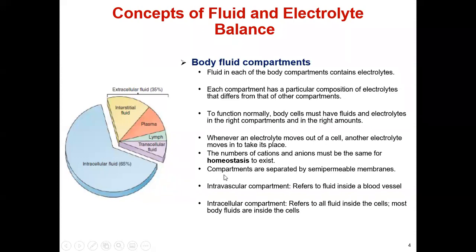Homeostasis does not mean only cation or anion; it is also applicable for blood loss or fluid loss. Because homeostasis is maintained, we are okay, and because of homeostasis, our body is always functioning.